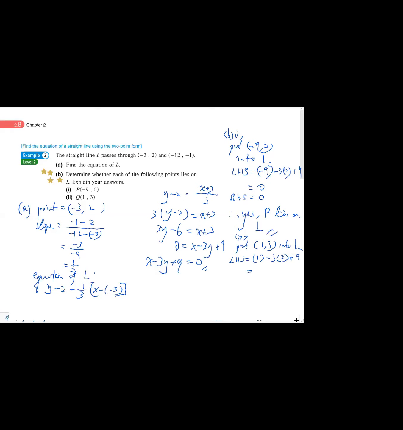Okay, and then it is equal to 1. But the right-hand side is equal to 0. Okay, so they are not equal to each other. Therefore, we say no. No, the point Q does not lie on the line L. Okay, so that is like this.